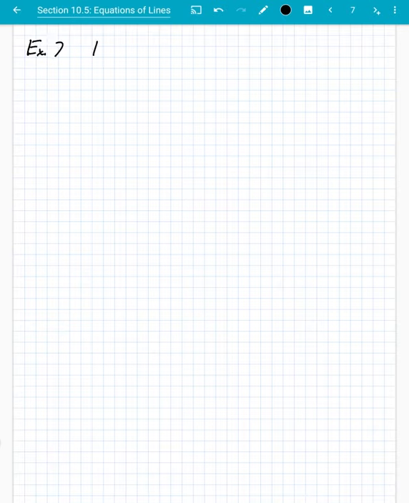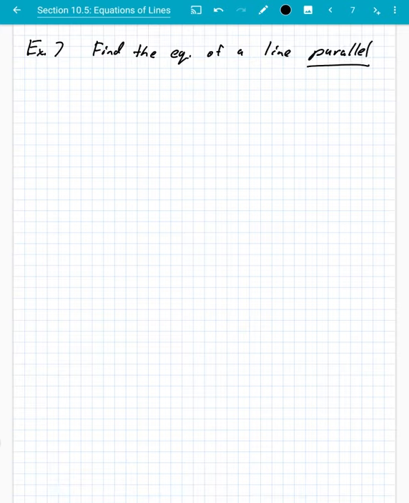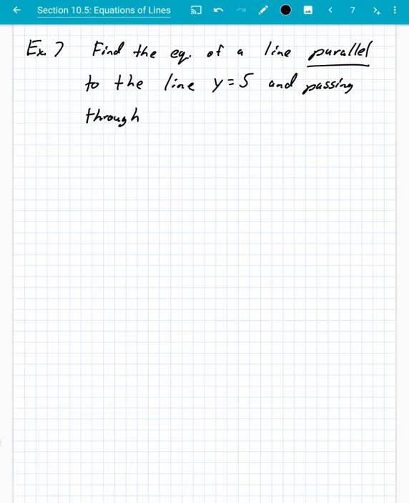Now, there are some tricky questions right here. For example, 7 says find the equation of a line parallel, keyword parallel, to the line y equals 5 and passing through the point negative 2, negative 3.